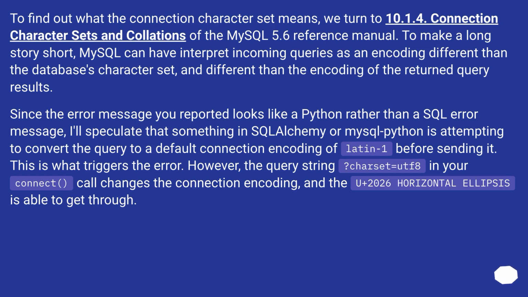Since the error message you reported looks like a Python rather than a SQL error message, I'll speculate that something in SQLAlchemy or MySQLdb is attempting to convert the query to a default connection encoding of Latin-1 before sending it. This is what triggers the error. However, the query string, ?charset=utf8, in your connect call changes the connection encoding, and the U+2026 horizontal ellipsis is able to get through.